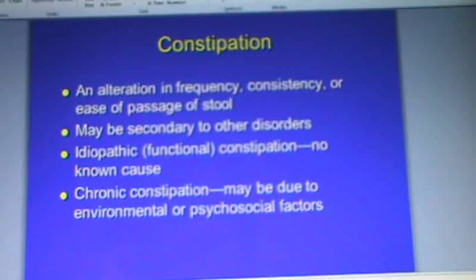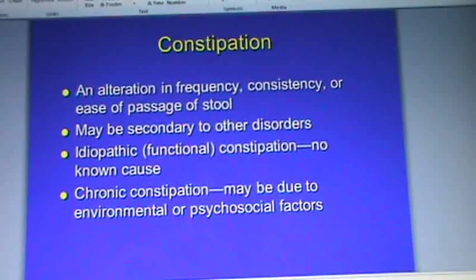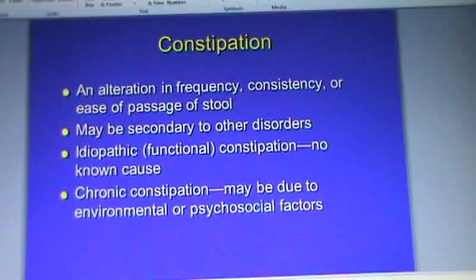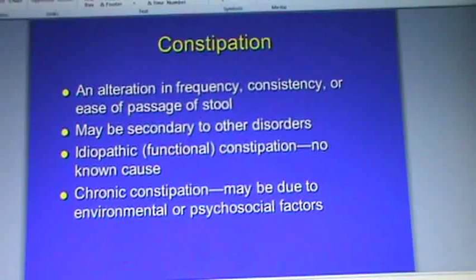Constipation: an alteration in frequency, consistency, or ease of passage of stool. May be secondary to other conditions. Idiopathic: no known cause. Chronic constipation may be due to environmental or psychosocial factors.